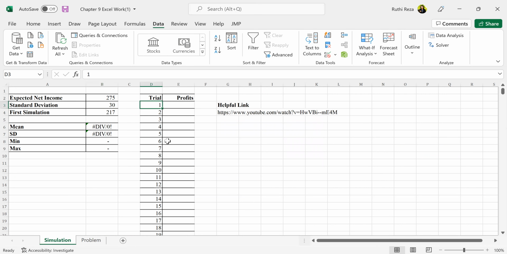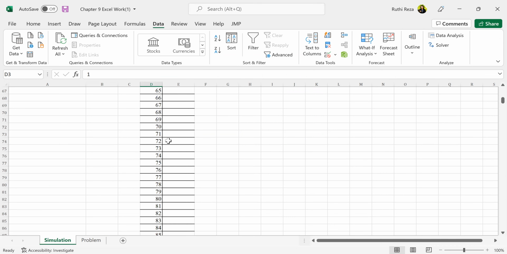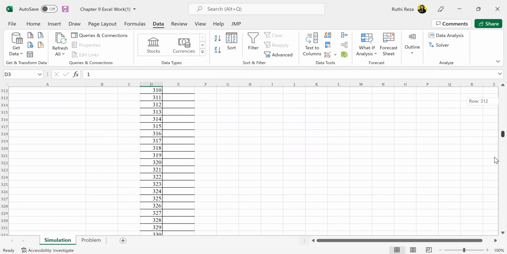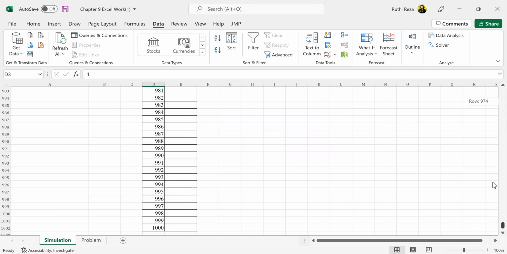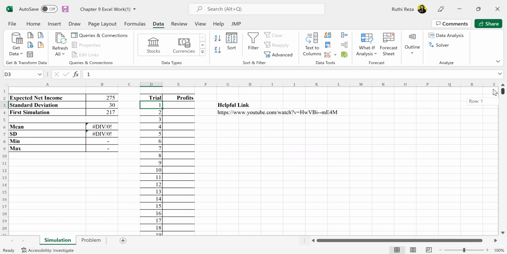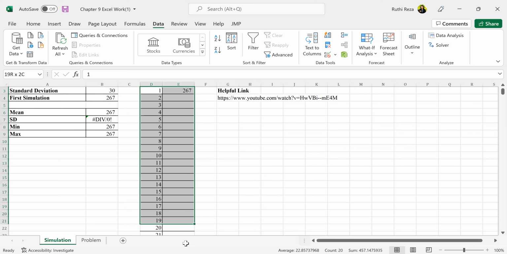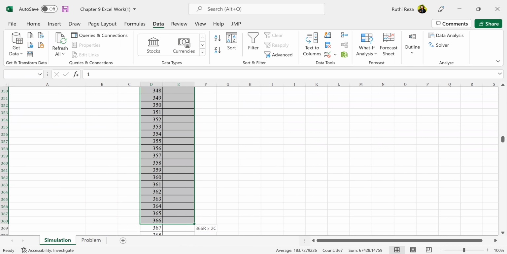Next, now you need to know how many trials you're going to run. So here you can see I'm going to run 1,000 trials. So for the very first one, choose your first simulated amount, 270. Next, just select the entire table.